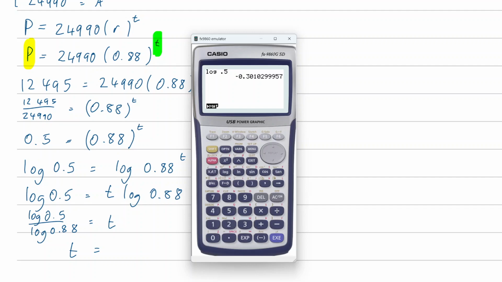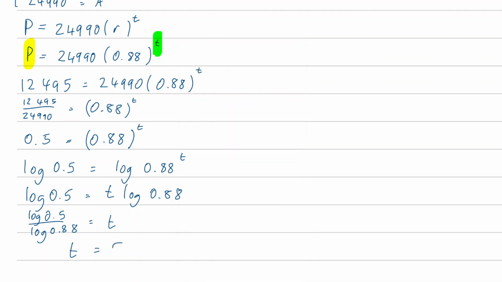So log 0.5 is negative 0.3. We divide that by log of 0.88 to give us 5.422 years. And that's to halve in value.